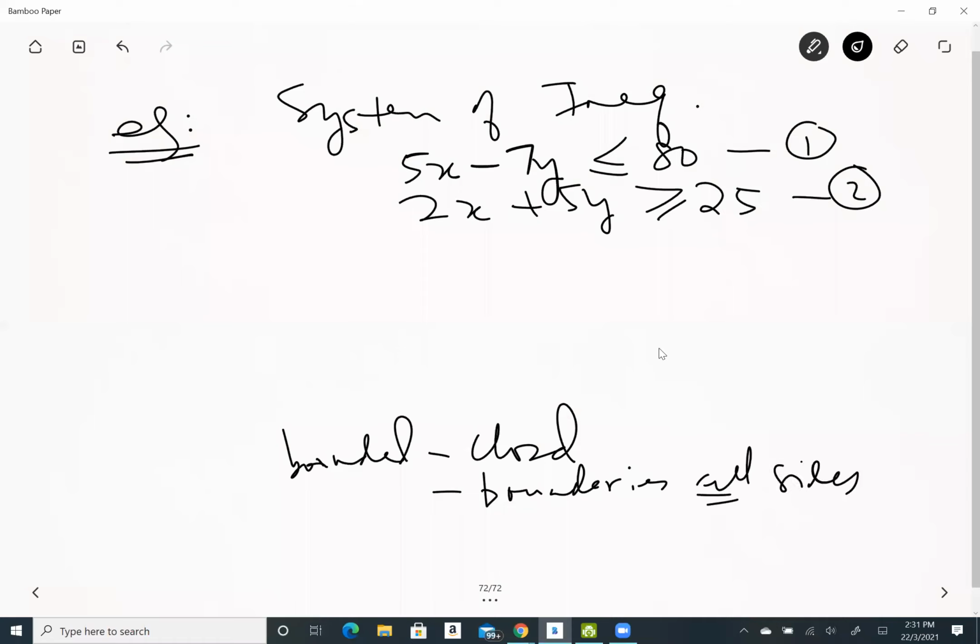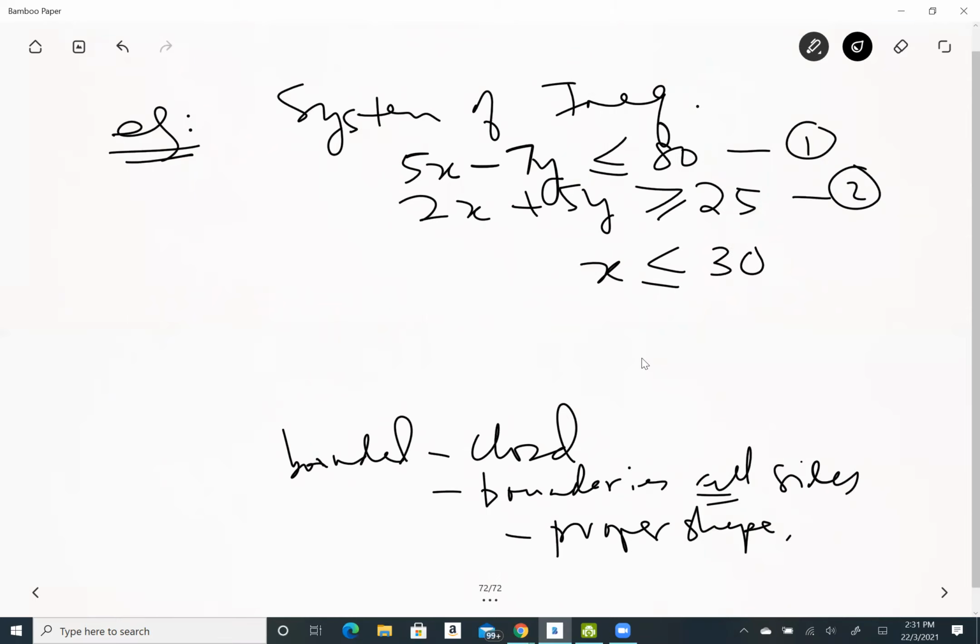In other words, it's a proper shape, like a rectangle or triangular shape. So in order to establish that, I introduce another inequality. Let's say we have x less or equal to 30.